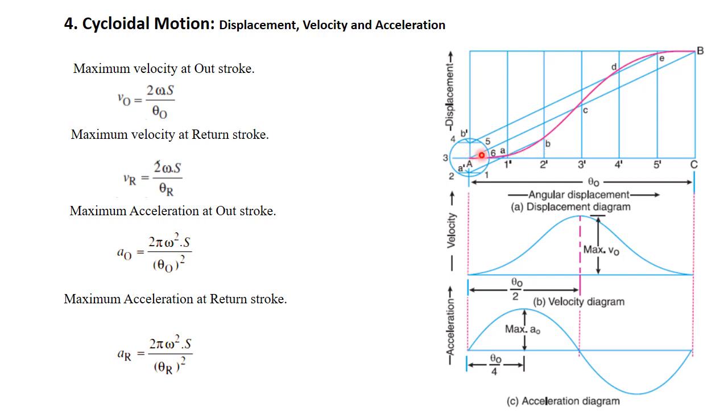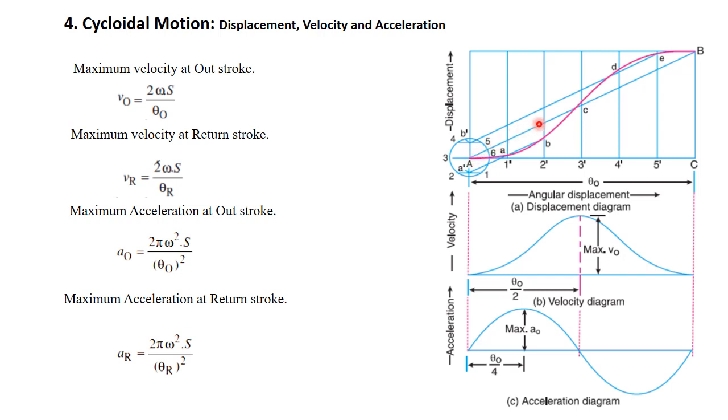Already one point was there, that is at point A. So the stroke starts at point A and then it moves to small a, then small b. Now to get the point C, C lies on the third division of the stroke, therefore theta naught. Therefore we choose the line passing through 3 and 6.